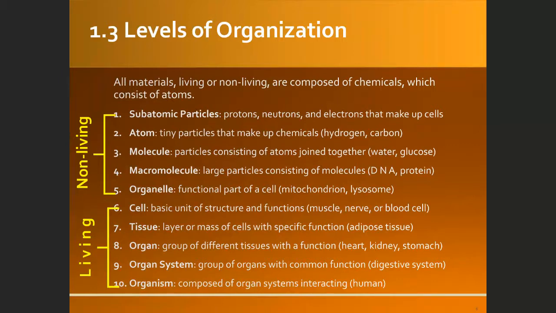So if we look closely and we put the levels of organization from the simplest one to the most complex one, then we will see that each individual organism consists of atoms, made of subatomic particles like protons, neutrons, and electrons.